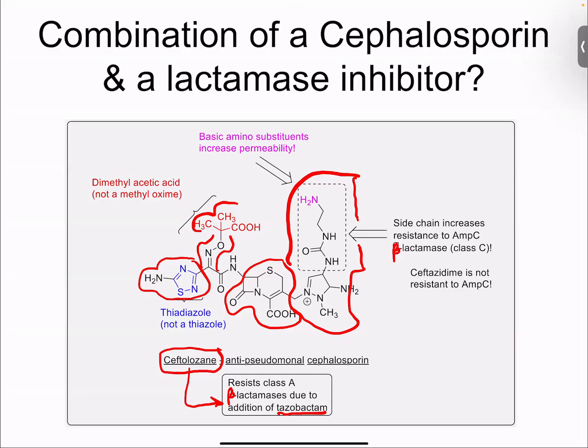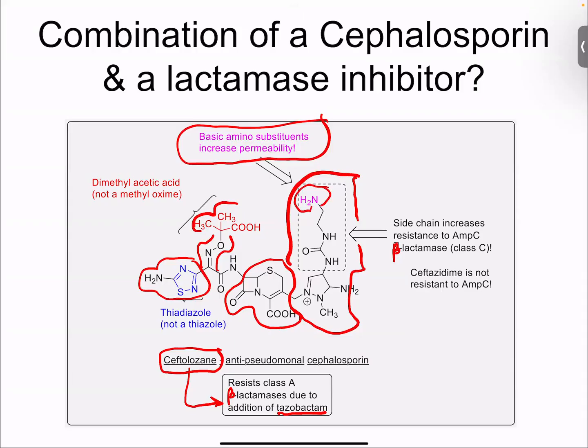First and foremost, consistent with the other anti-pseudomonal cephalosporins that we made mention of, is the positive charge. Okay? That positive charge has a role. That role is to help get this drug through pseudomonal porins. Increasing the permeability is this basic amino group. Right.